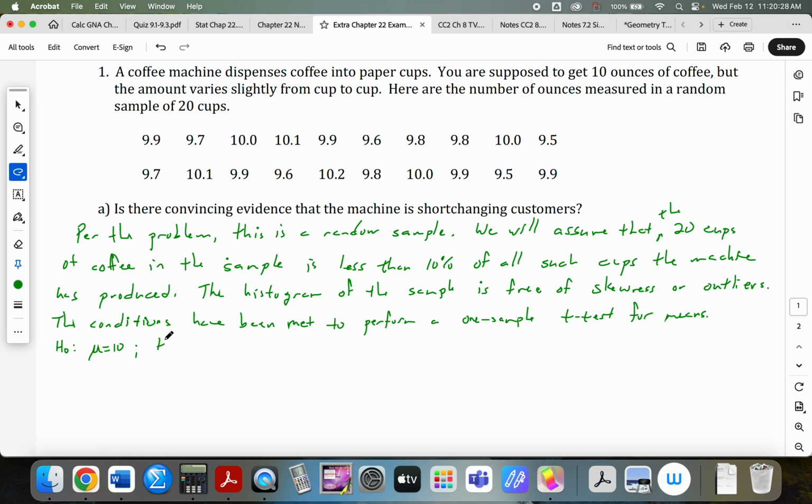The alternative hypothesis in this case is less than 10, where mu is the mean number of ounces dispensed by the machine per cup.